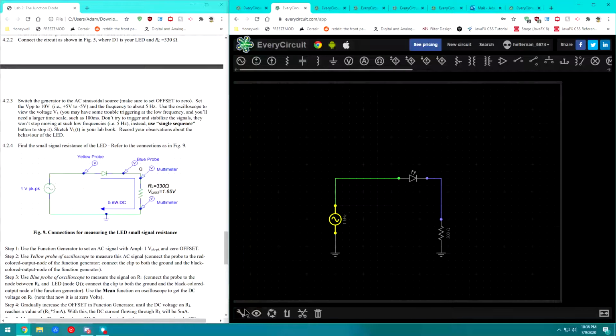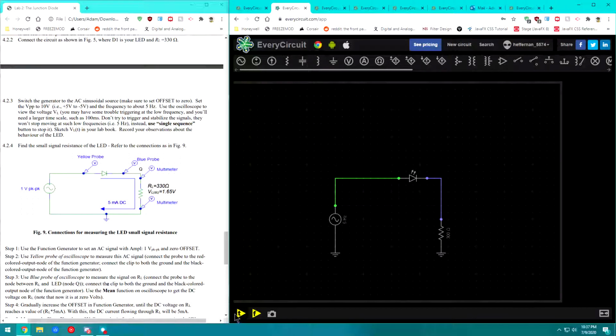You're going to put this to 5 hertz, and you're going to put it at 10 volts peak to peak, which would be a 5 volt amplitude. Set the DC offset to 0. You're not going to need that for now.